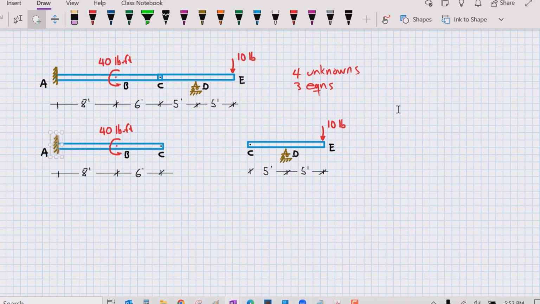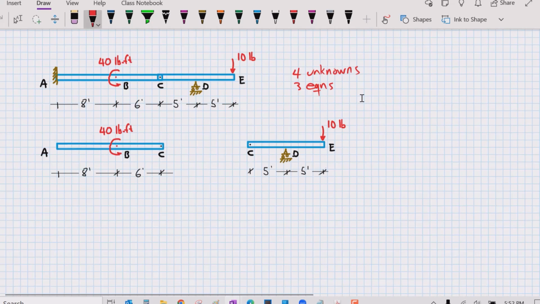I am going to replace the fixed support by a reaction at A, a moment at A, and an axial load.